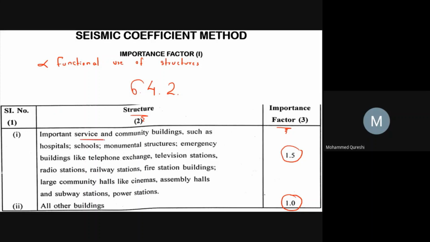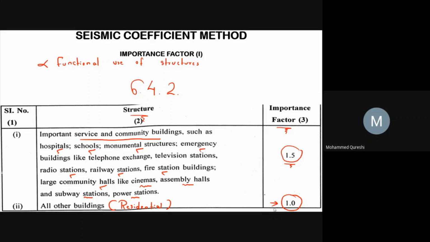For important service and community buildings such as hospitals, schools, monumental structures, emergency buildings, railway stations, fire stations, radio stations, and large community halls like cinemas, assembly halls, subway stations, or power stations, consider the importance factor as 1.5, and for all other buildings including residential buildings, the value is 1.